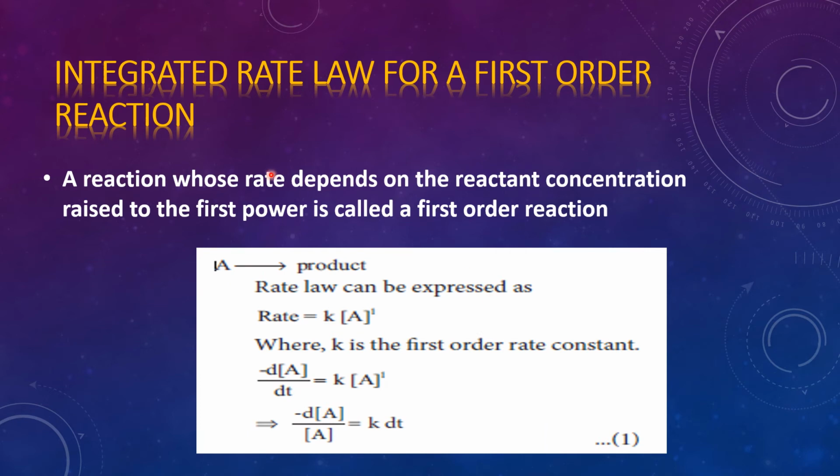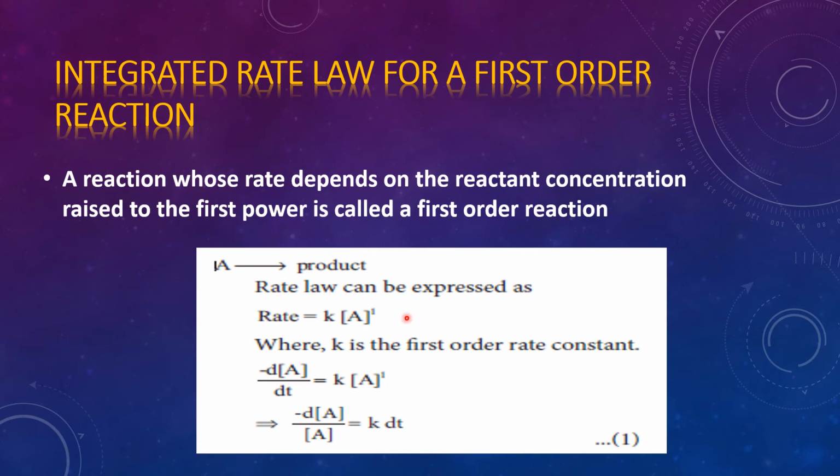Now I am going to explain the integrated rate law for a first order reaction. A first order reaction is a chemical reaction in which the rate of the reaction is directly proportional to the concentration of the reacting molecule. So the rate of the reaction fully depends upon the concentration of the reactant. I take one example: A gives a product.